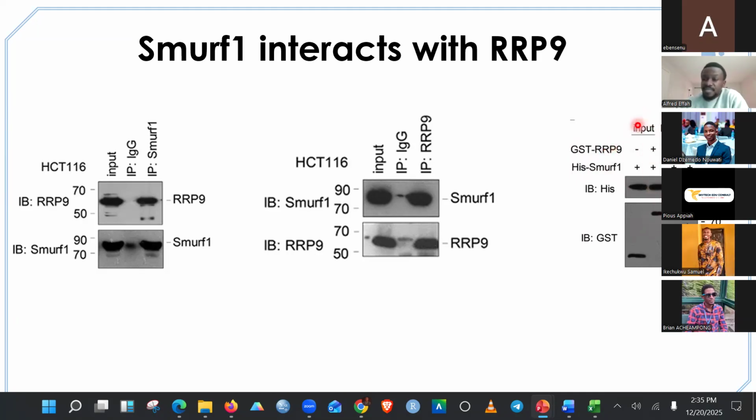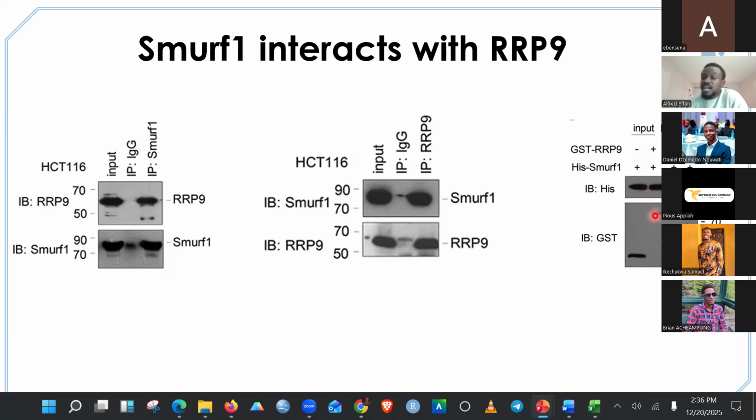So here, this is our input. In the input, there is no RRP9, but SMURF is present. And so when we stain for SMURF, we should see SMURF here. Now, when you come to this side, RRP9 is present. That's why we are seeing the plus. SMURF1 is also present. And so when we stain, we should see SMURF1.